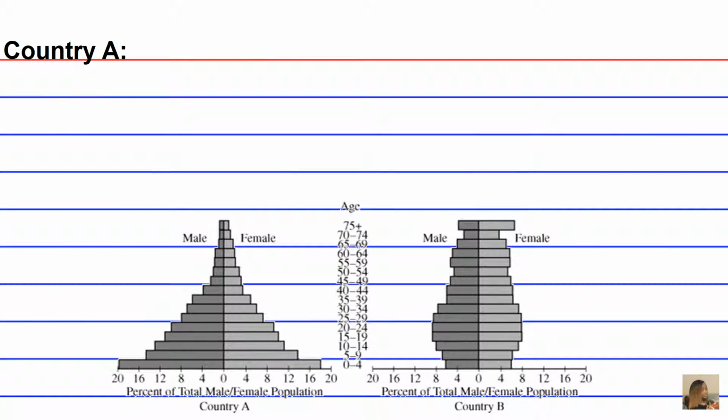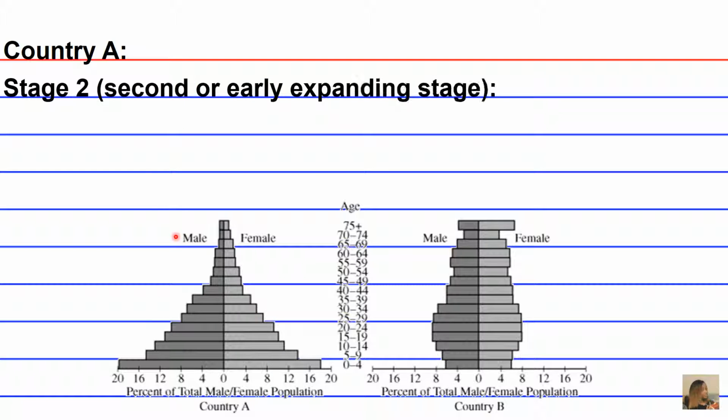All right, so country A, what stage of demographic transition is country A in based on their population pyramid? I'll give you a brief moment to think or press pause if you need to. Country A would be in stage 2, the second stage, or what's normally referred to as the early expanding stage.